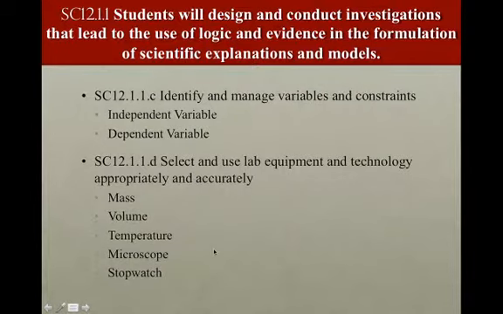Identify and manage variables and constraints. So the two different variables are the independent and dependent variable. What's the difference? No, they both change. Independent variable is something that you change. And then the dependent variable would change based on the independent variable.